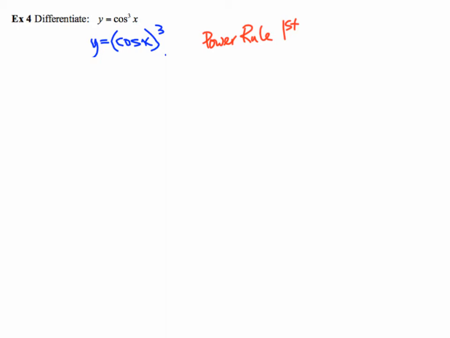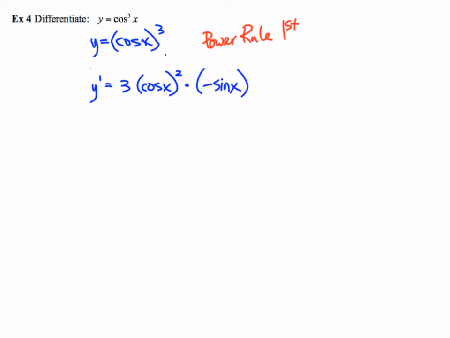I need to rewrite it, and then I'll do the power rule. So the 3 will come out front. 3 times cosine x squared, because I minus 1 from the exponent, times the derivative of what's inside, and the derivative of cosine x is negative sine x.